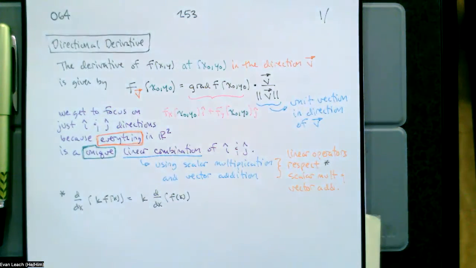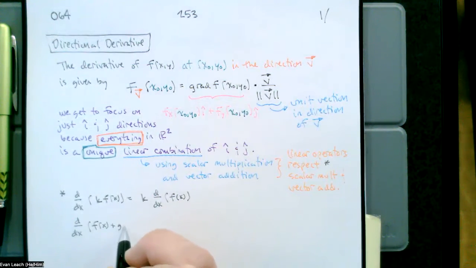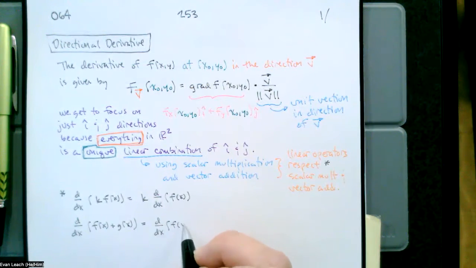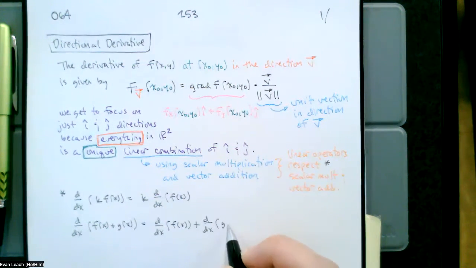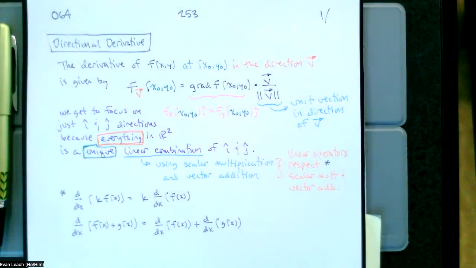Scalar multiplication does not affect the process. And let's say the derivative of f of x plus g of x is the derivative of f of x plus the derivative of g of x. That's the differential operator, the derivative, respecting scalar multiplication and vector addition.